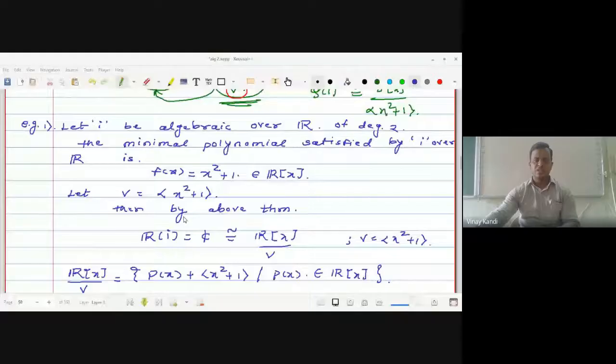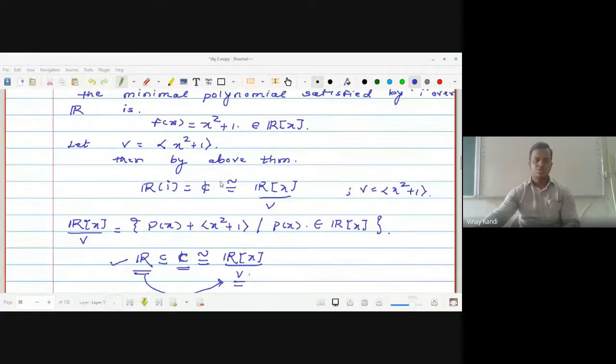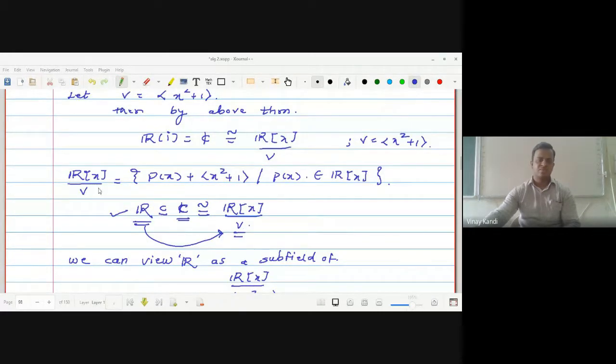Okay, look here. Let i be the algebraic element over R of degree 2. The minimal polynomial satisfied by i is x^2 + 1. So here, by the above theorem, R(i), which is the set of complex numbers, is isomorphic to R[x]/V. What is the nature of R[x]/V? It is p(x) + <x^2 + 1>, so that p(x) belongs to R[x].